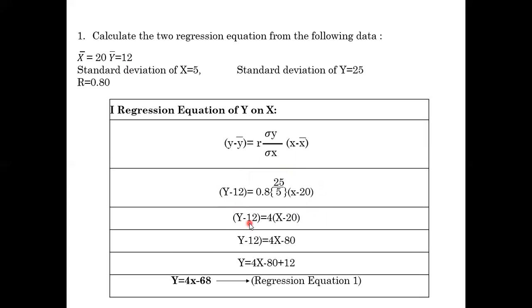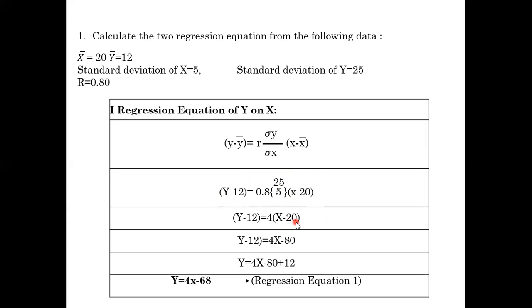Now y minus 12 is equal to 0.8 into 25 divided by 5. If you work it out, you will get 4. Students, 0.8 into 25 divided by 5 gives 4. So take x minus 20 as it is.